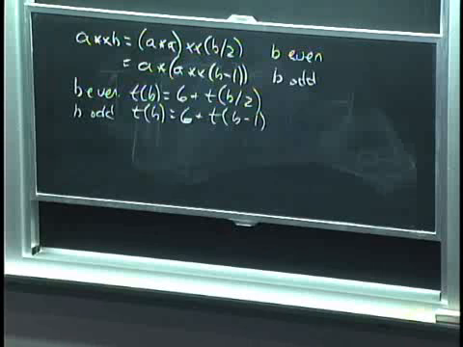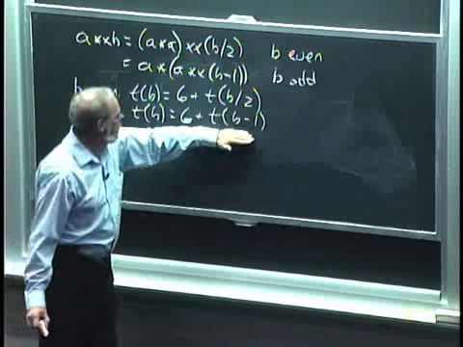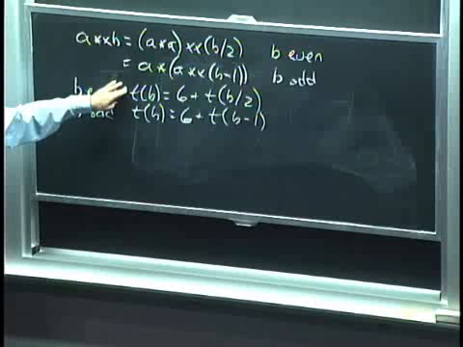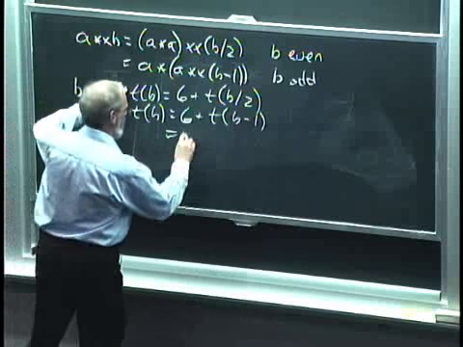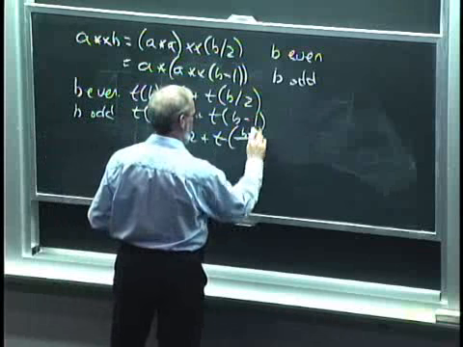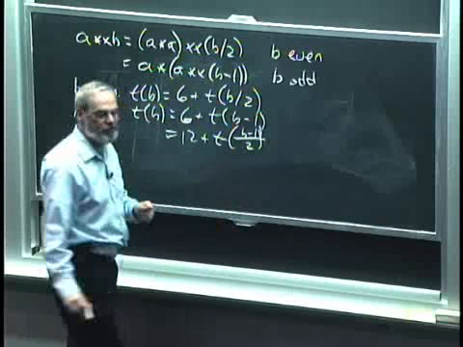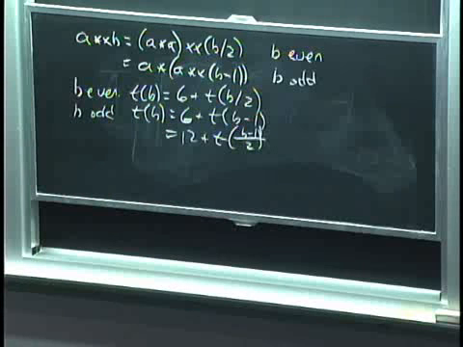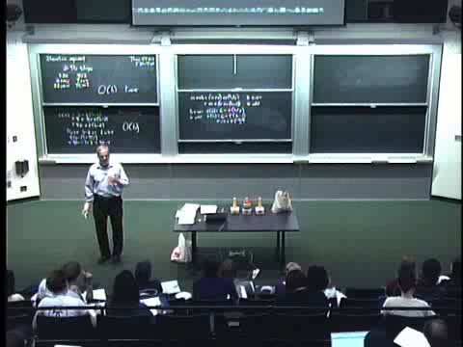On the next step, though, this will get substituted by that. Right, on the next step, I'm back in the even case. It's going to take 6 more steps plus t of b minus 1, oops, sorry about that, over 2. Because b minus 1 is now even. Don't sweat the details here. I just want to see the reasoning goes through it.